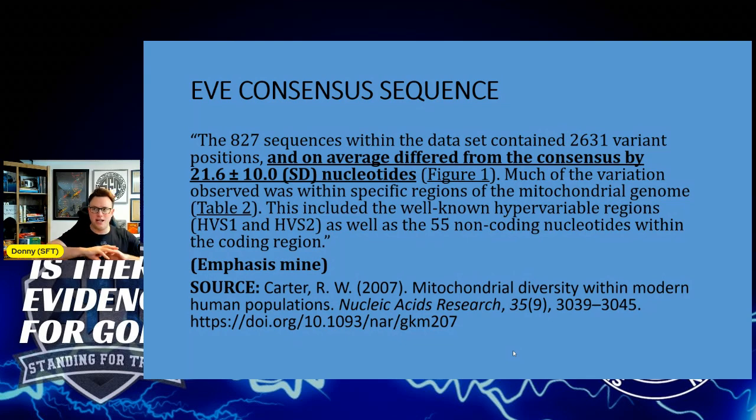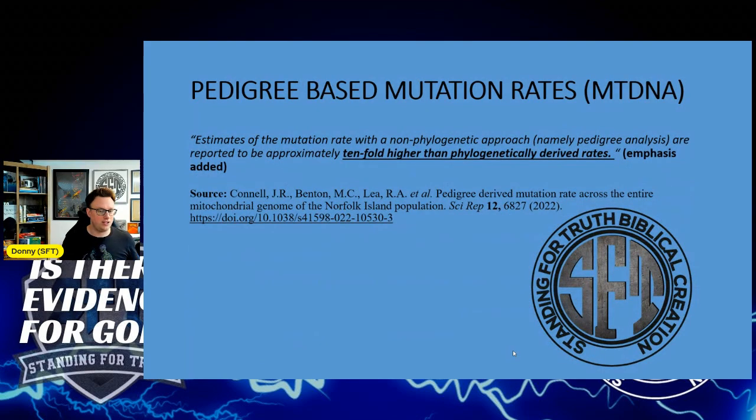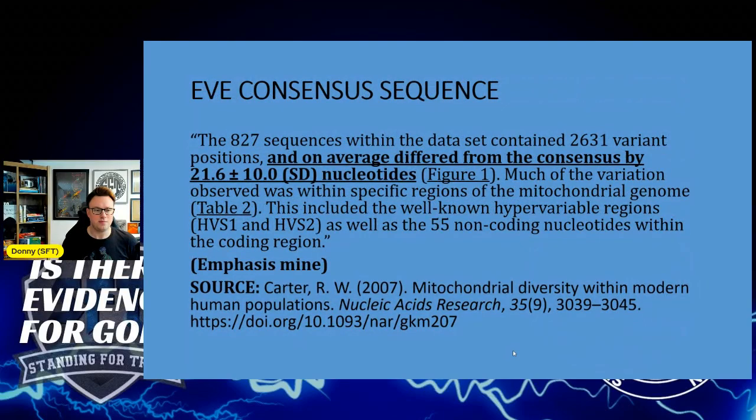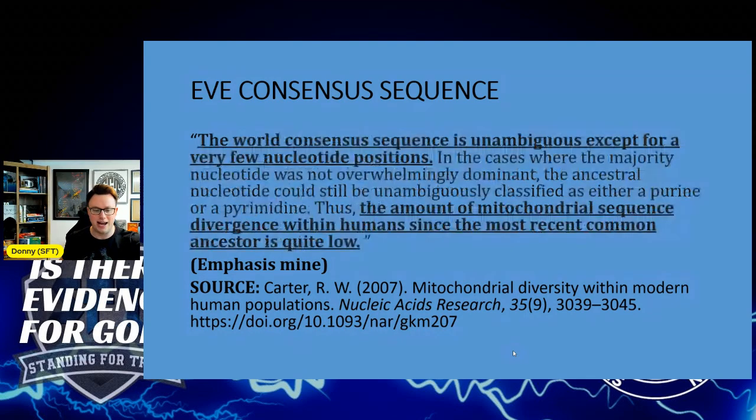The mitochondrial DNA is very different to the chimpanzee mitochondrial DNA. We don't have multiple lineages that would essentially be expected from the evolutionary based model. And so an easier way for people to understand this is the world consensus sequence.